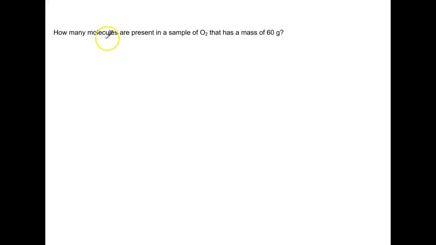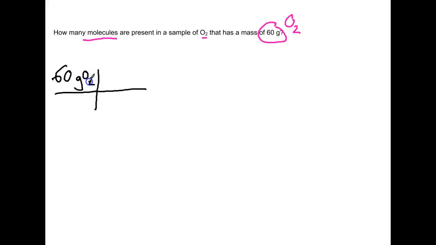How many molecules are present in a sample of O2 that has a mass of 60 grams? So if you feel comfortable, go ahead and give it a shot first. But what we're going to do is look at our given, 60 grams of oxygen, because it's listed here, and we're trying to solve for molecules. So let's start with our 60 grams of O2. Okay, well, what's going to need to come next?